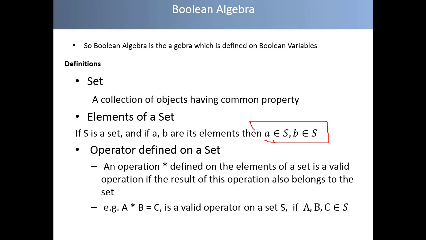And if S is a set, and if a, b and c are three elements of the set, then if we define an operator asterisk, this operator is a valid operator if the result of its operation is an element which also belongs to the same set. For example, a asterisk b is equal to c is a valid operator on a set S if a and b and c, all these three elements belong to S.